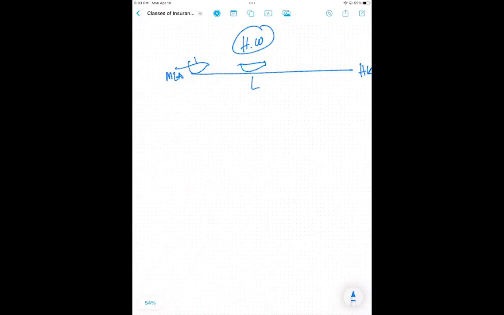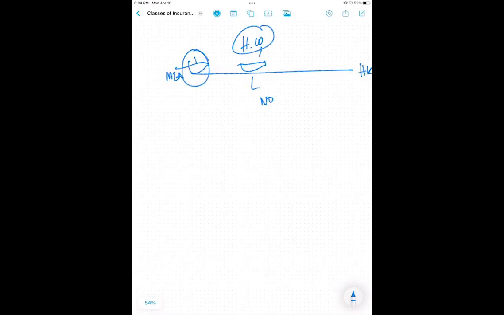Now, if this happens, meron bang breach of warranty in this case? Answer no, right? Because it was shown in the facts that when the ship left the port of Manila, it was seaworthy. Okay? Nagkataon lang nga na may heavy weather dito.